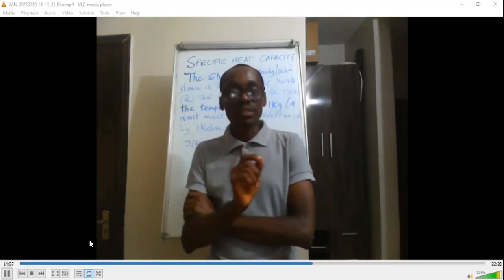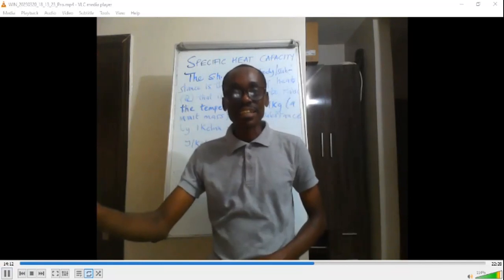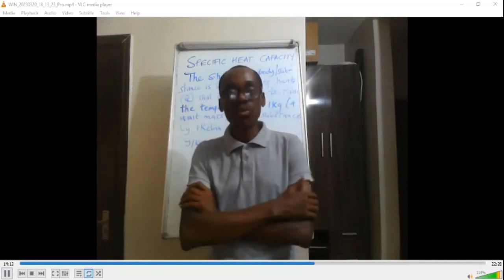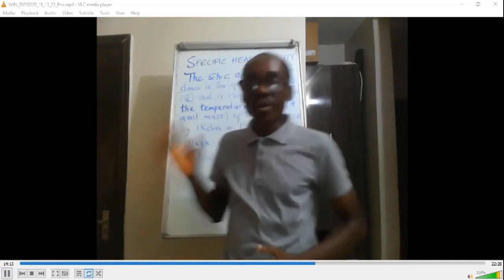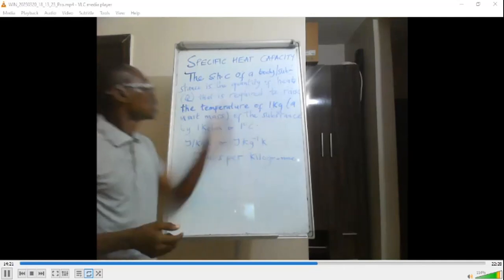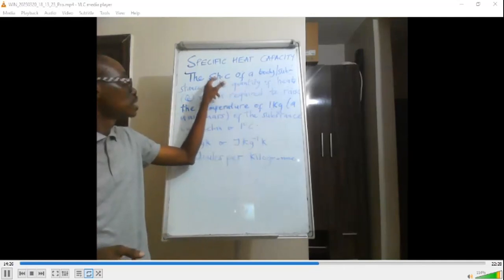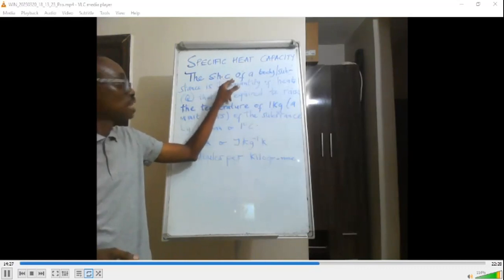The word specific implies that it is assigned to something peculiar. So the specific heat capacity of a body can be defined. When I write SHC, I'm just abbreviating specific heat capacity.